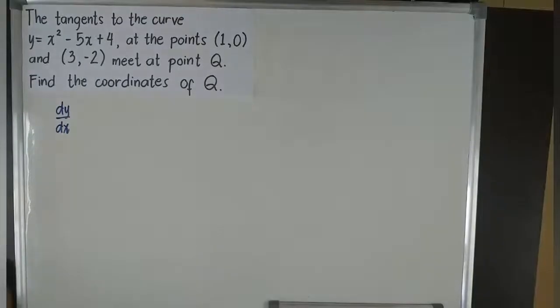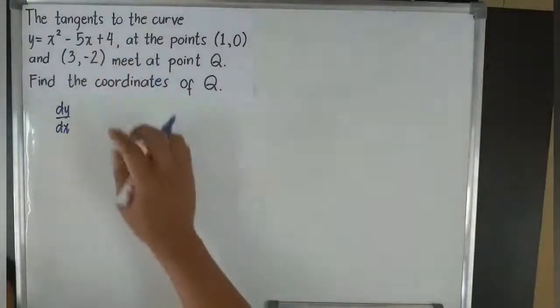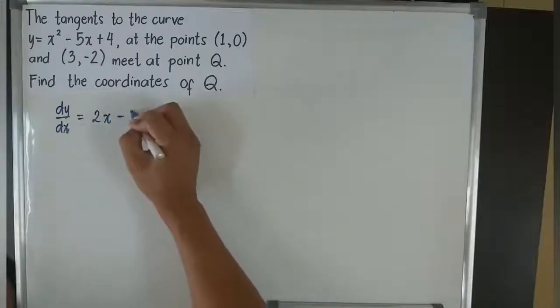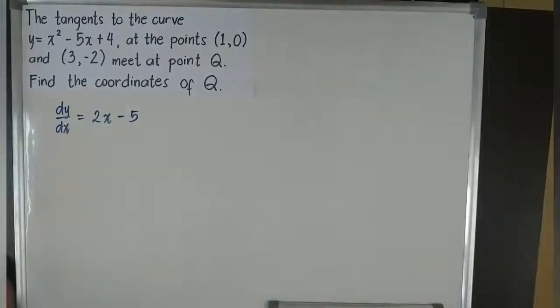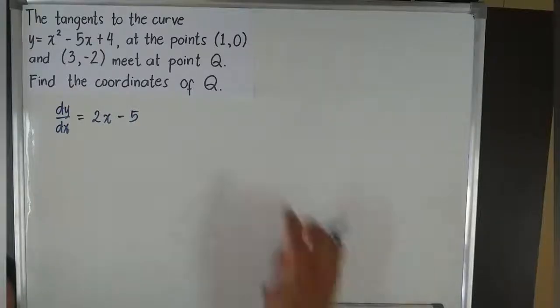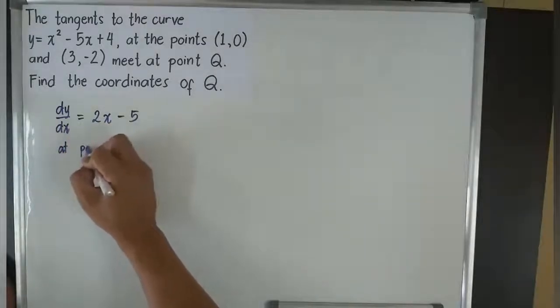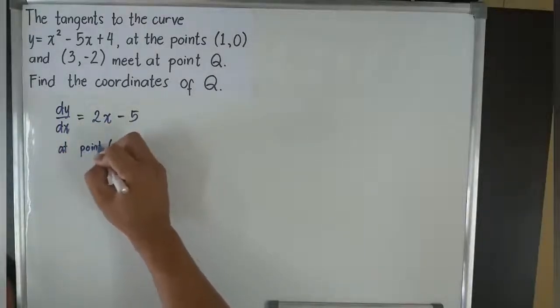The dy/dx of x squared minus 5x is equivalent to 2x minus 5. As easy as that. So, it's at point (1, 0).